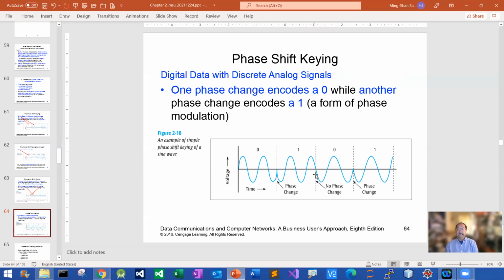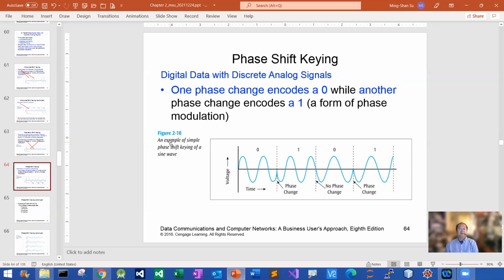Then again, no phase change means going down and up, still going down and up, then it's a 0, and then over here a phase change means that the next analog wave represents the value of 1.